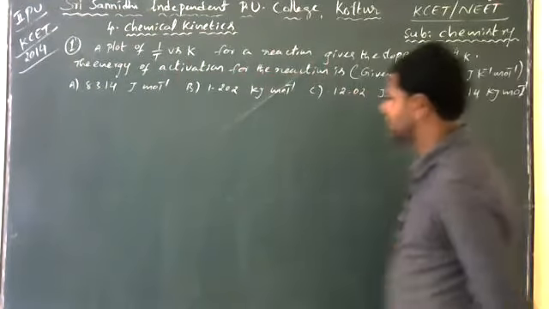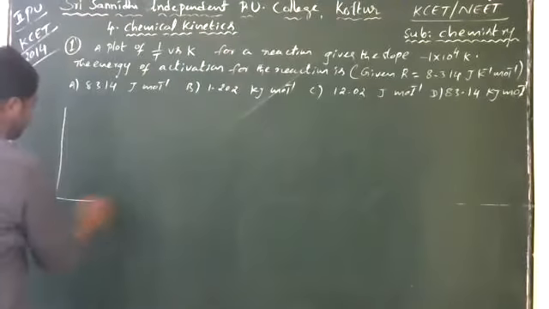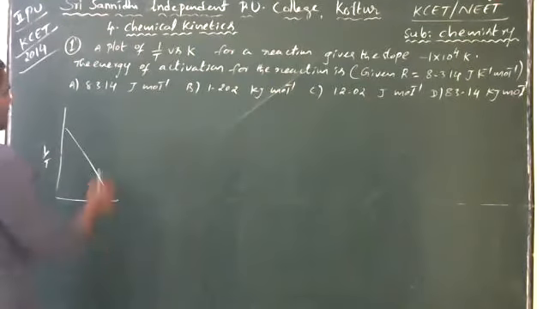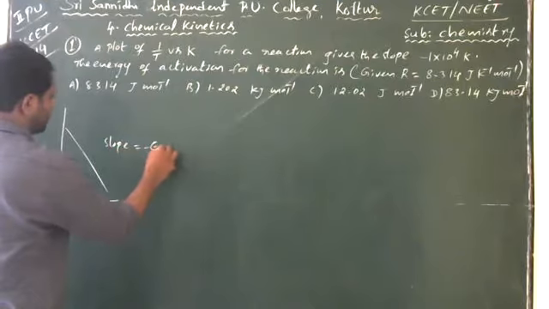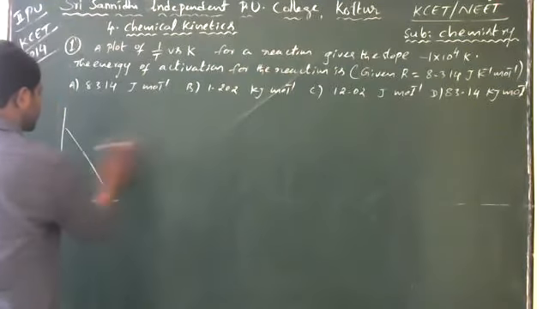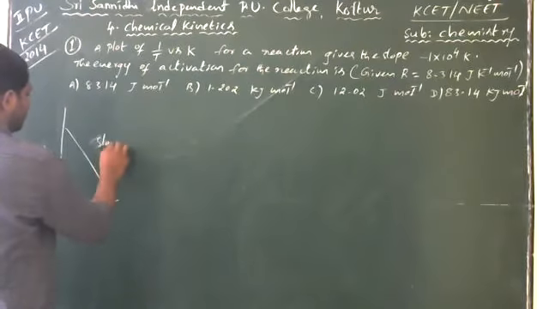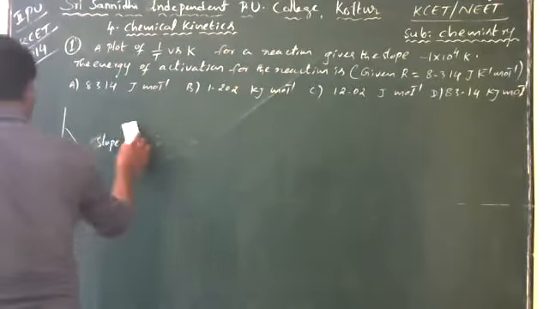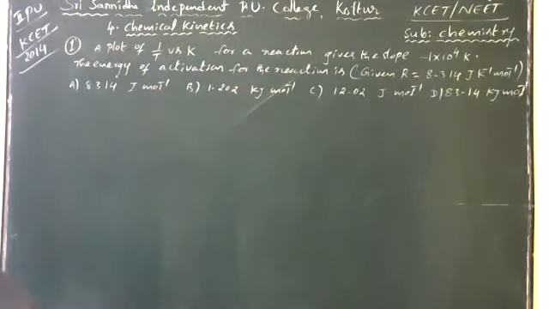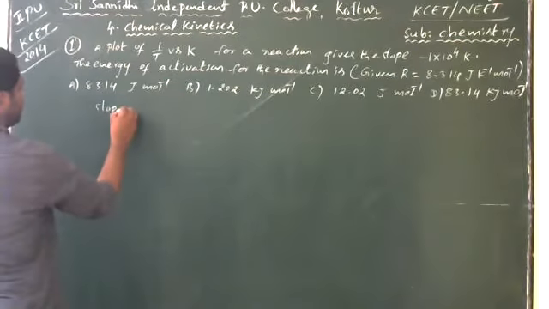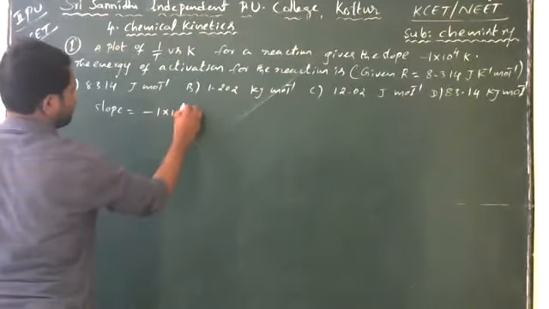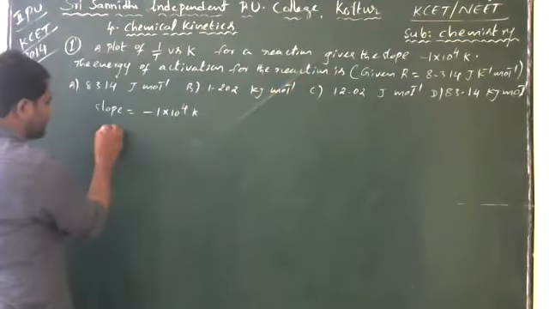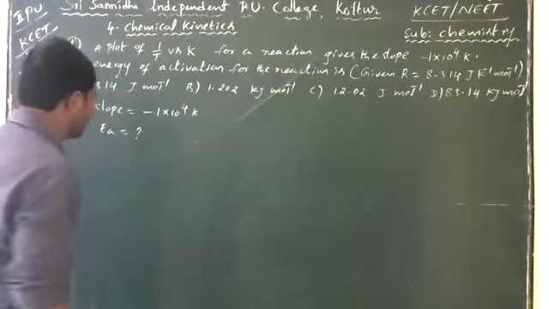In the plot of 1 by T versus k we get a straight line, where the slope is equal to minus Ea by R, which is negative here. And they have also given the slope: the slope is equal to minus 1 into 10 power 4 K. Then the energy of activation for the reaction, Ea, is the question mark.